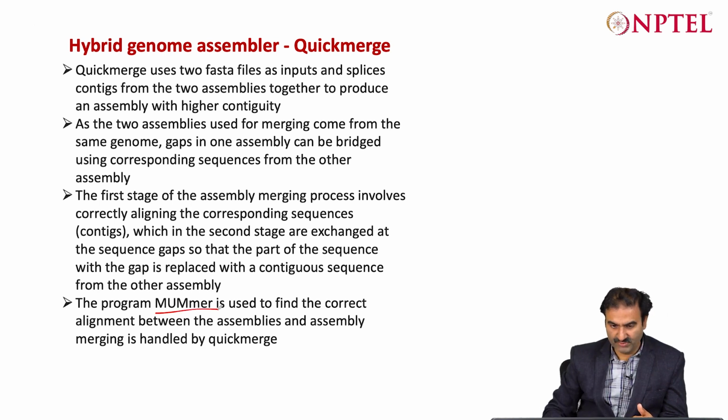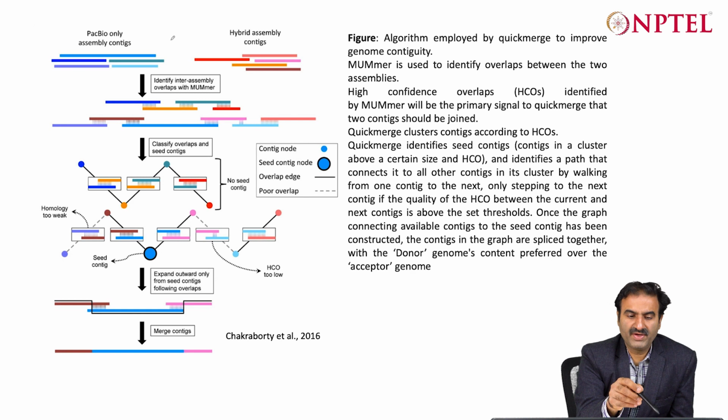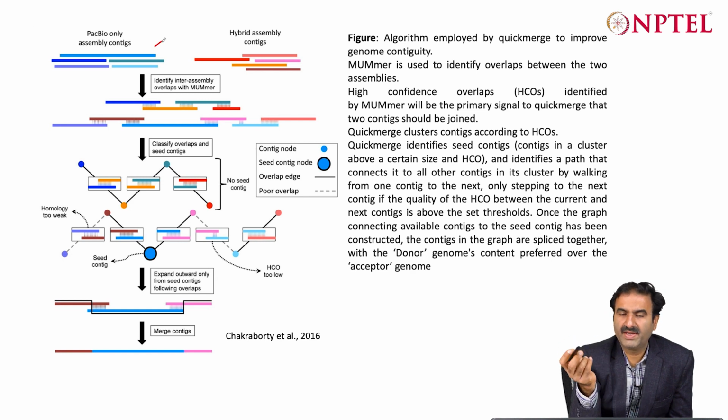For example, you have this PacBio contig or long reads, or a hybrid assembly. It will take these and find the overlap between the two, and there could be some overlaps which are more reliable, and some overlaps which are less reliable.